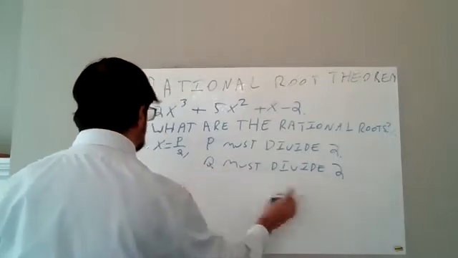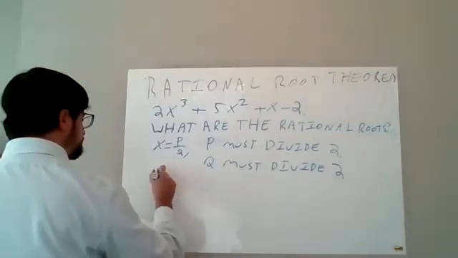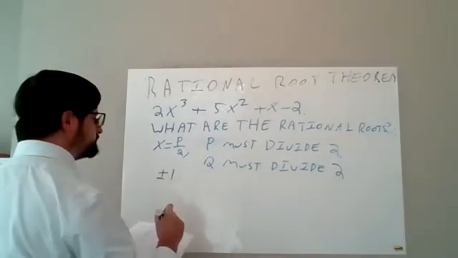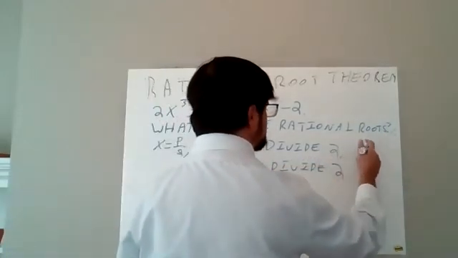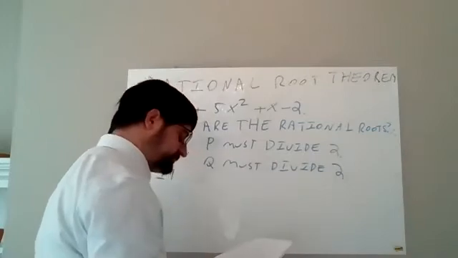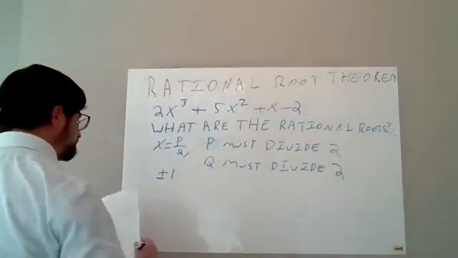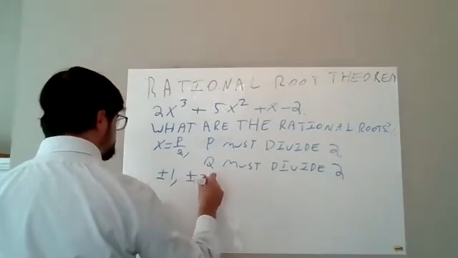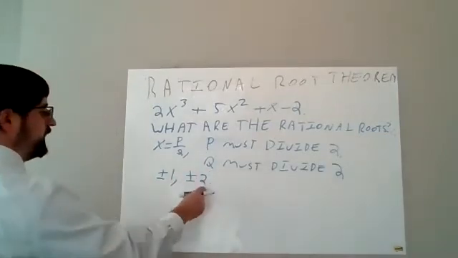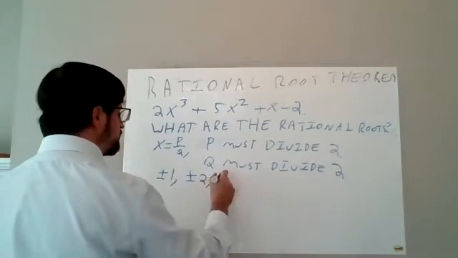And now if we list our possibilities, first we'll note, what are the divisors of 2? Just plus or minus 1 and plus or minus 2. So our possible roots are plus or minus 1, plus or minus 2. These are the ones where our denominator is 1.